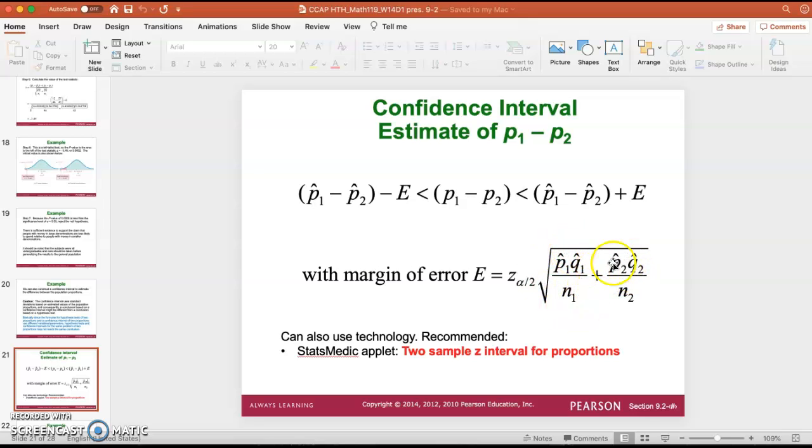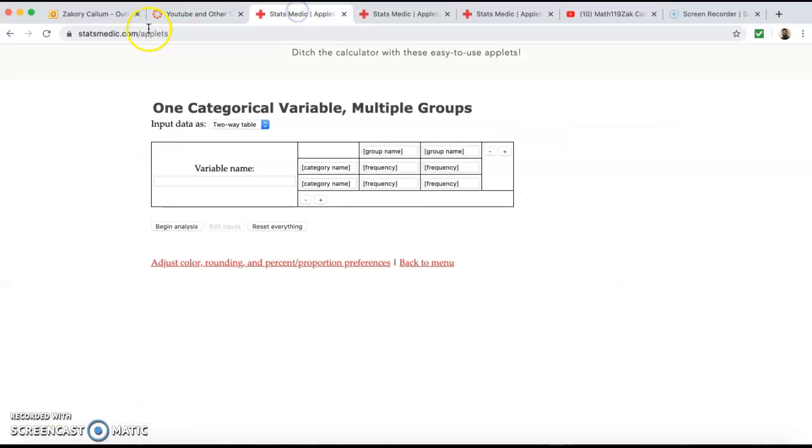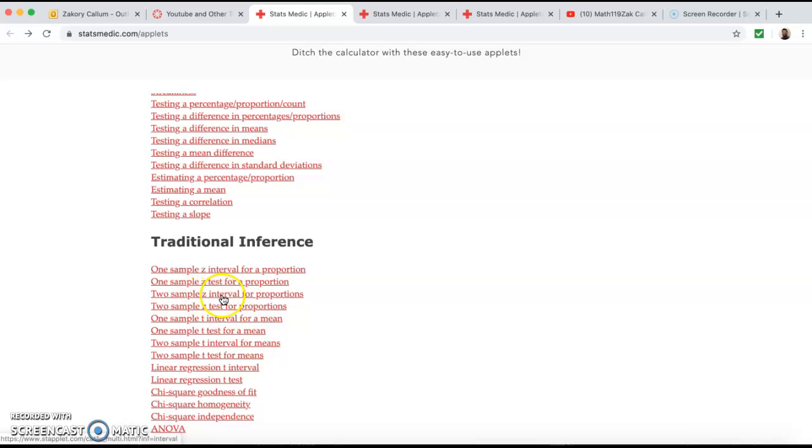And then same idea for the other sample, so in this case the coins proportion times that opposite proportion divided by that sample size. And you can use, again, another one of the applets for this, which when you look at the list of applets, is this one right here, 2-sample z interval for proportions.